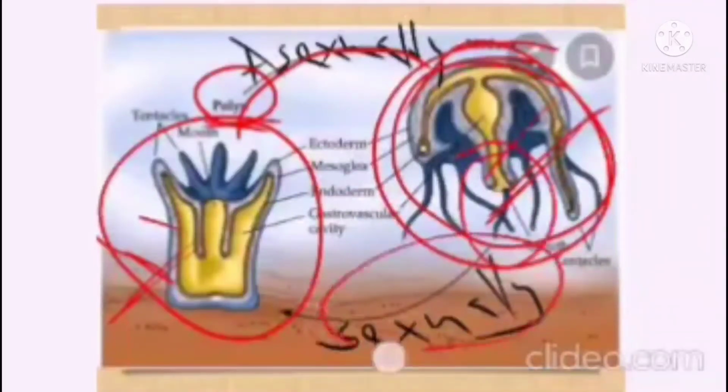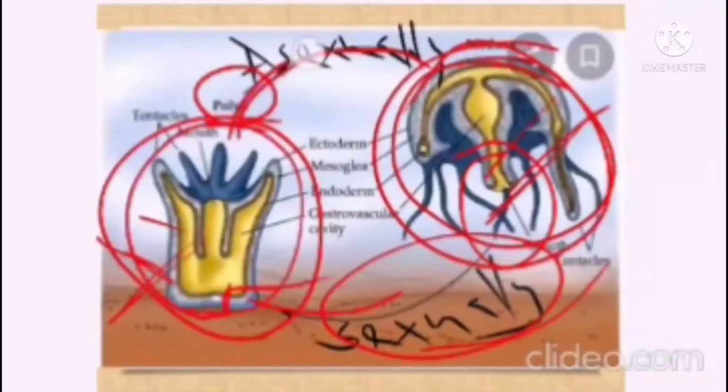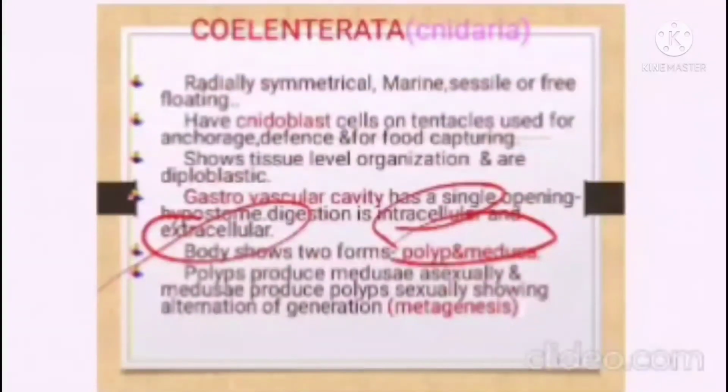So what sort of reproduction is taking place? Sexual reproduction, fusion of gametes, and thereafter they will result in the formation of what? Polyp. Again, polyps divide asexually to result in the formation of what? Medusa, and the medusa divides sexually to result in the formation of polyp. So like this you can find alternation of generation is present.